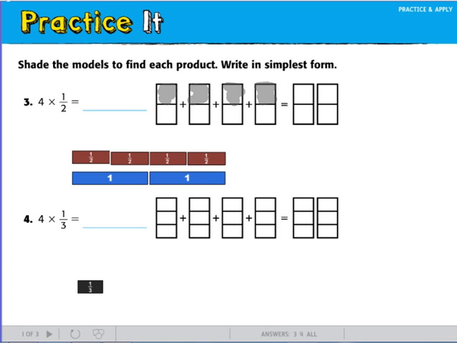And then in our shading, I have 1, 2, 3, 4, which means I need to shade in 4 in my answer. 1, 2, 3, and 4. So I have 2 wholes down here, 2 wholes up here. So 4 times 1/2 equals 1, 2, 3, 4 halves, or 2.